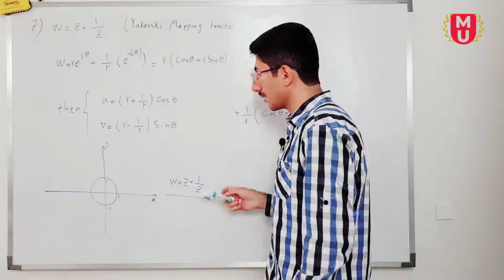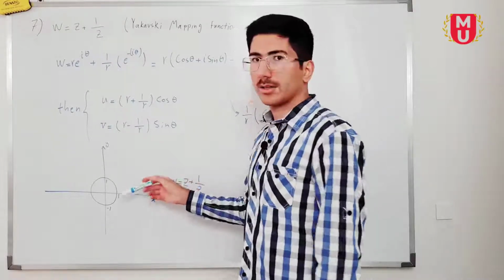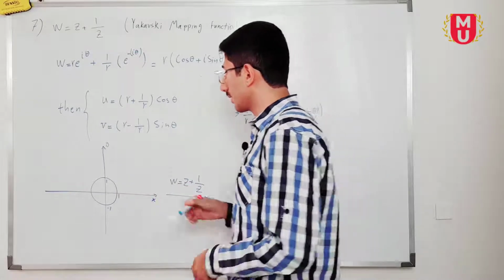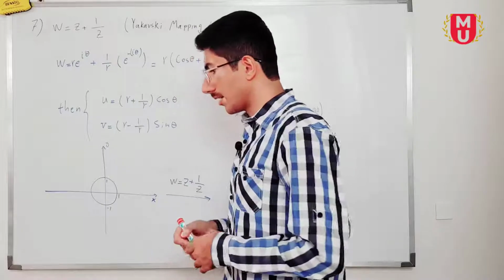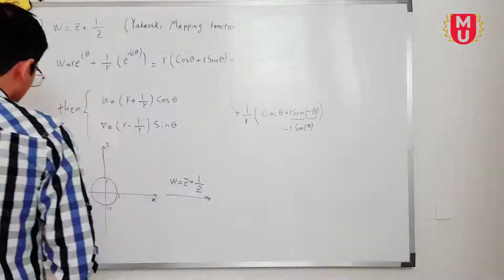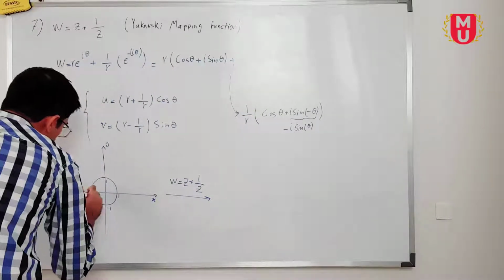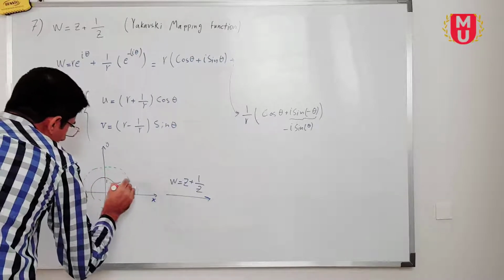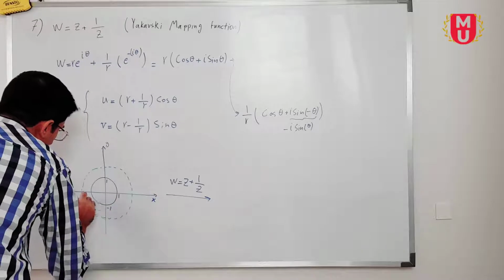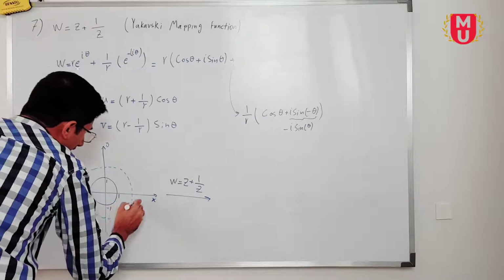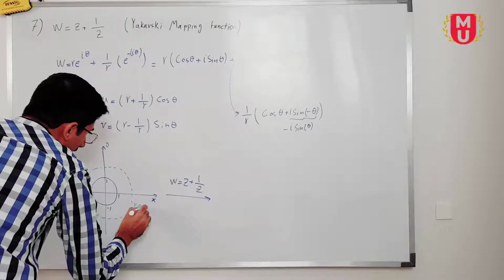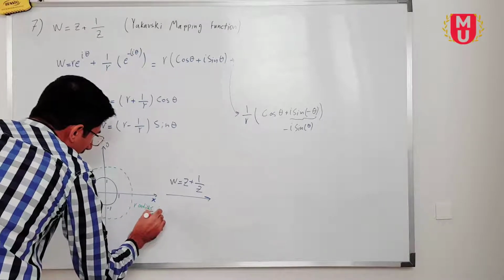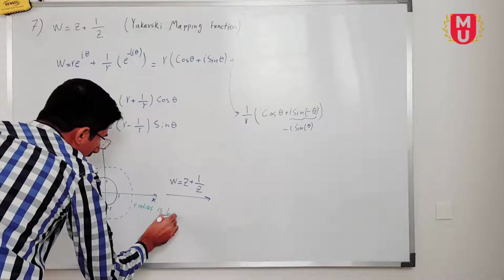As an example, I draw a unit circle with a radius of 1, and we want to find out what a circle with a radius bigger than 1 will become under the Joukowsky mapping function. The radius is bigger than 1, anything is possible.